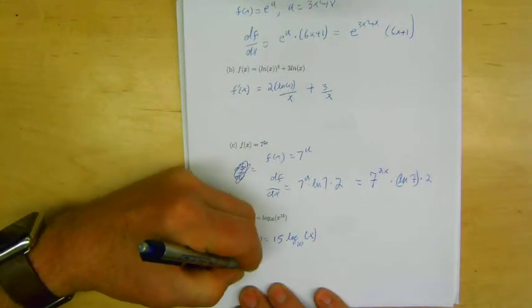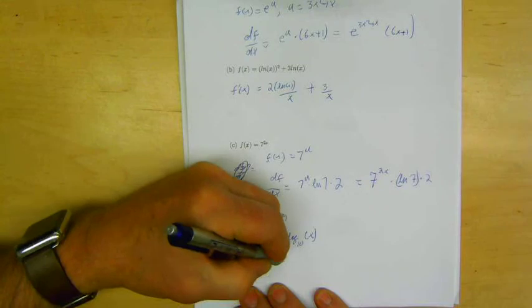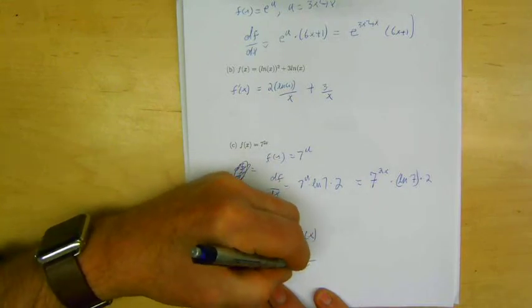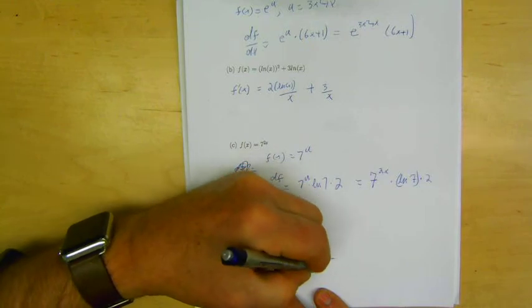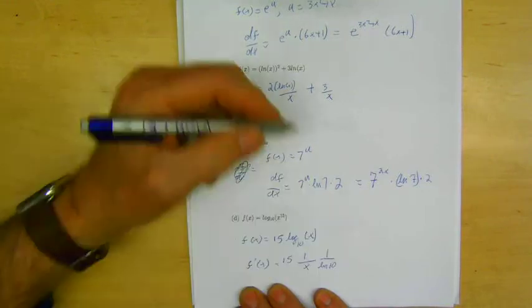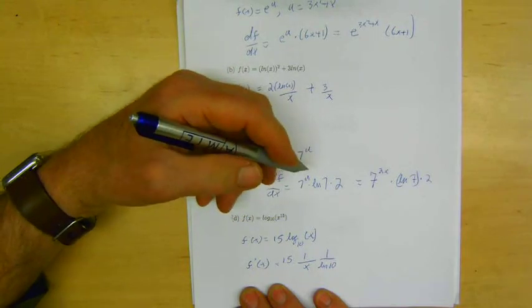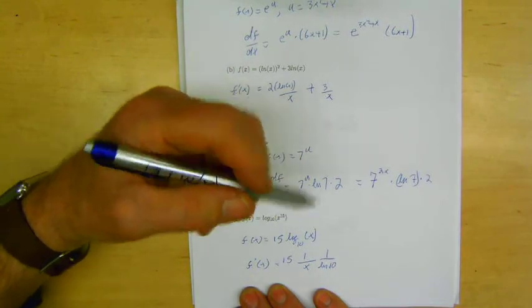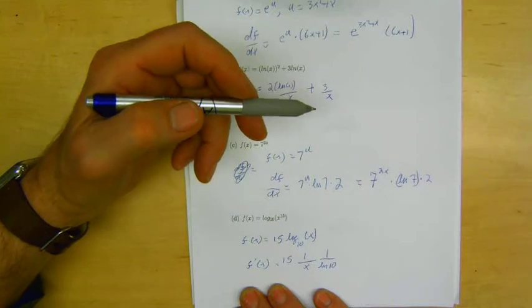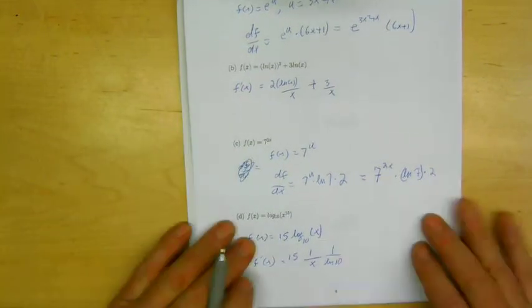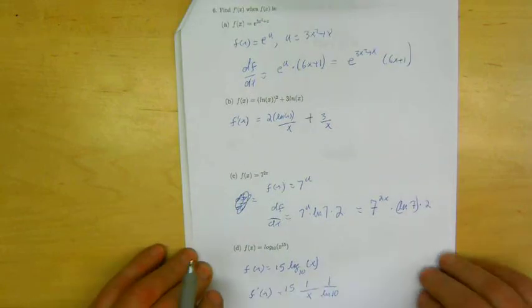F prime of x is equal to 15 times 1 over x times 1 over natural log of 10. All right. Some people laid x to the 15 in there, and that's fine. And so they got x to the 14th on top and x to the 15th on bottom, but those cancel nicely. No problem with it.